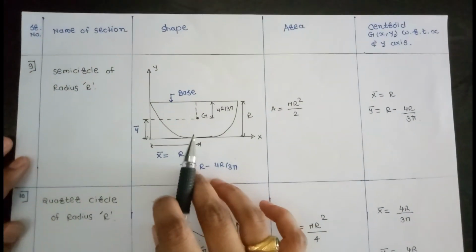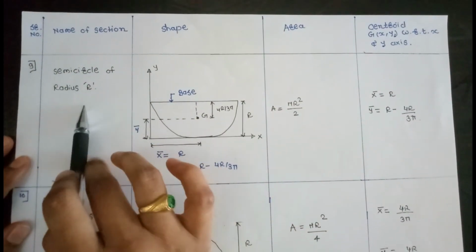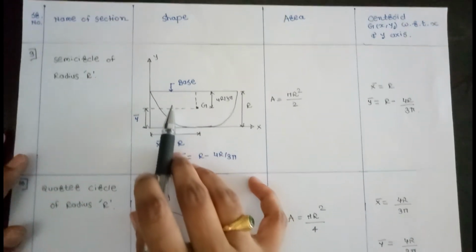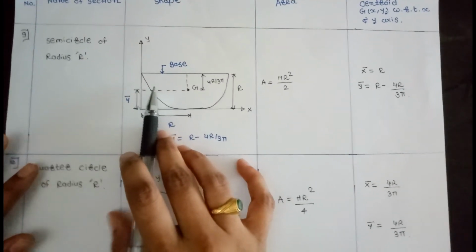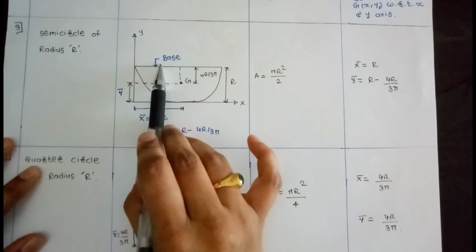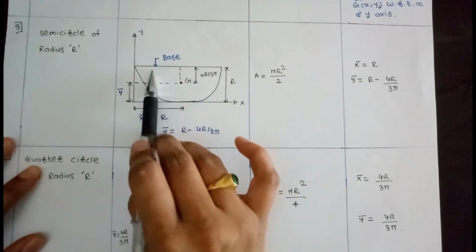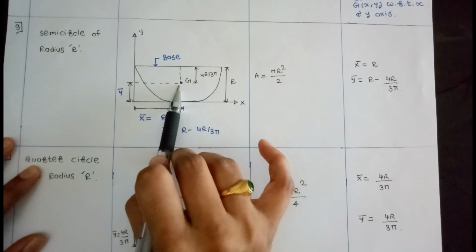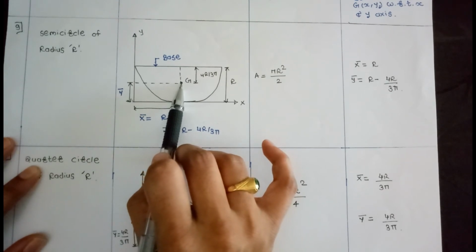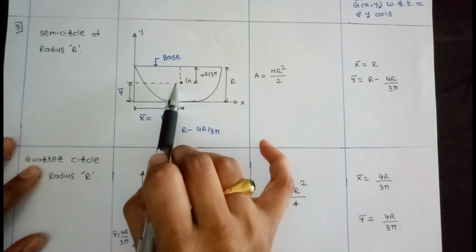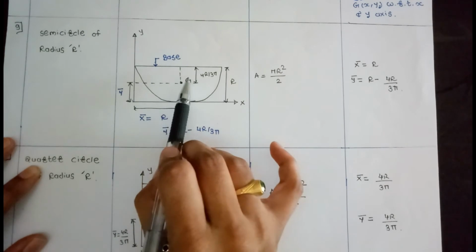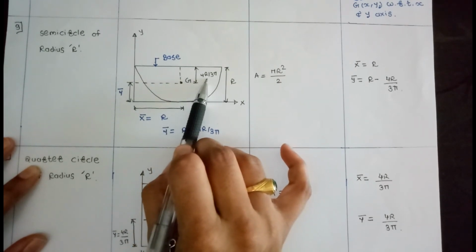So next semicircle of radius r. This is the downward semicircle. This is the base of the semicircle and the G point. What is the distance between the G point and the base? 4r by 3 pi.